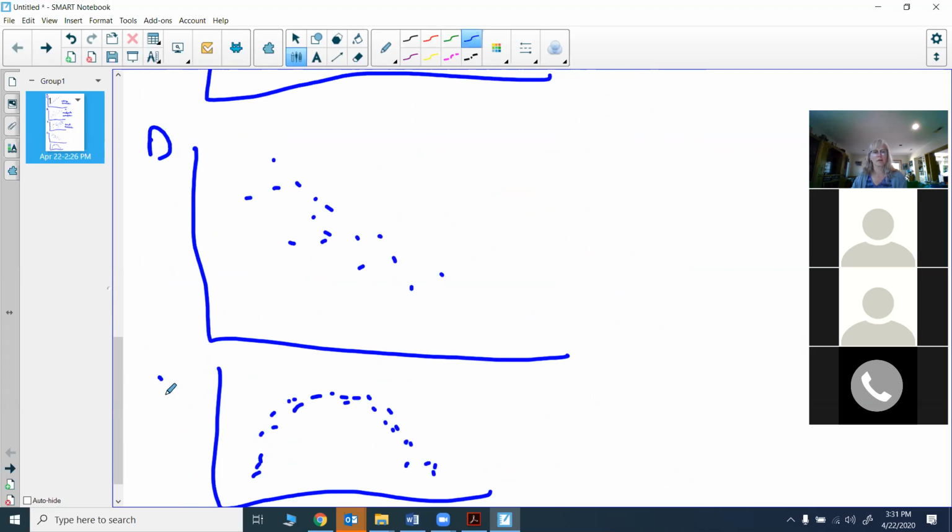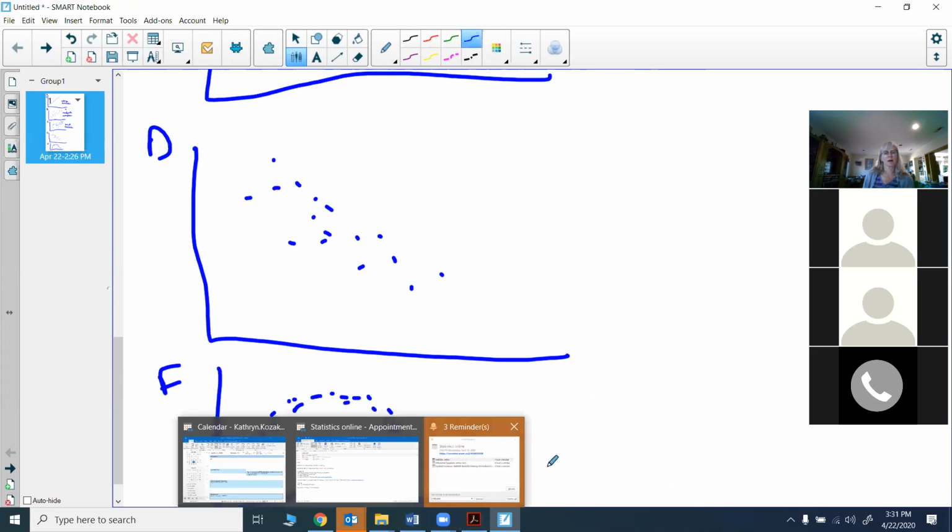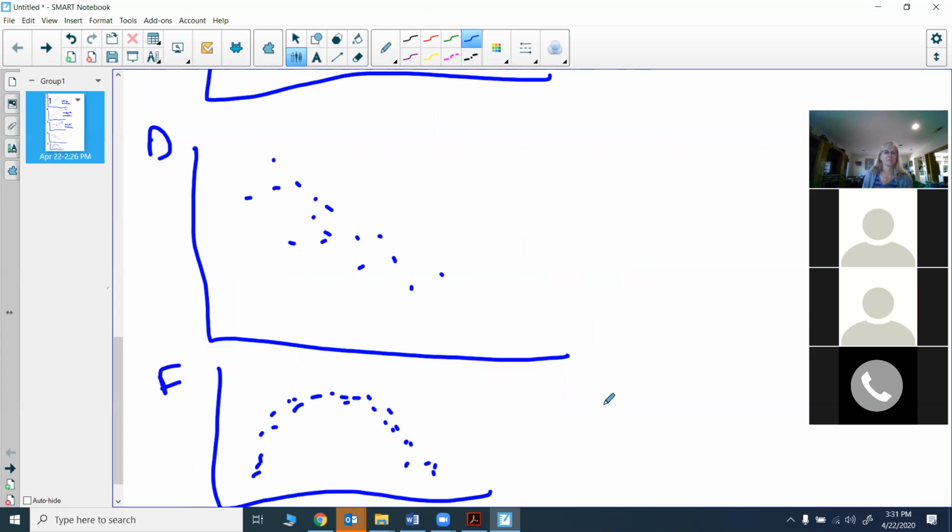So what about D? What do you think about its correlation? Strong, moderate, weak? Yeah, like moderate. Moderate, maybe? Anybody want to think it's strong? Jacob thinks moderate also.